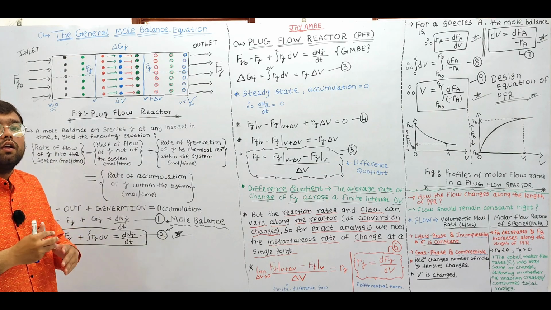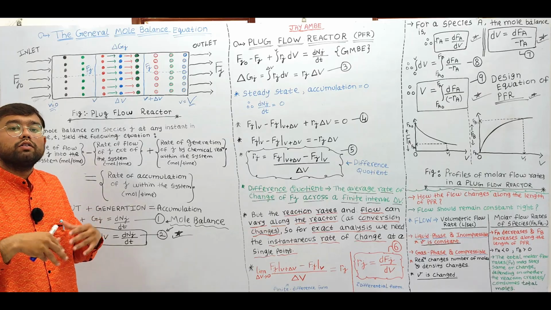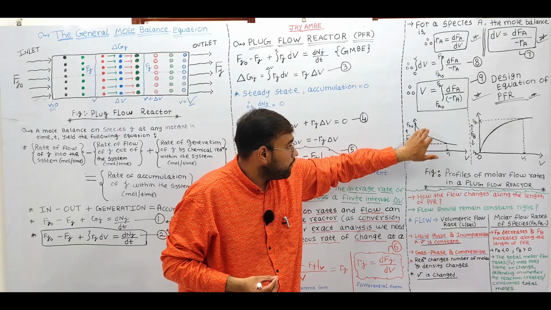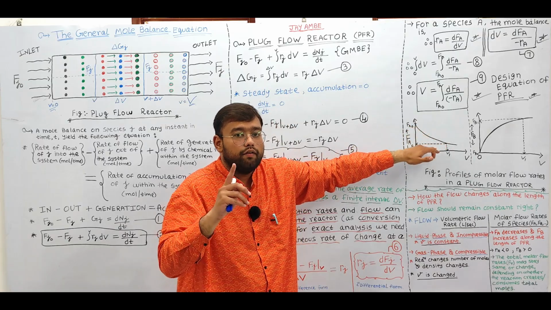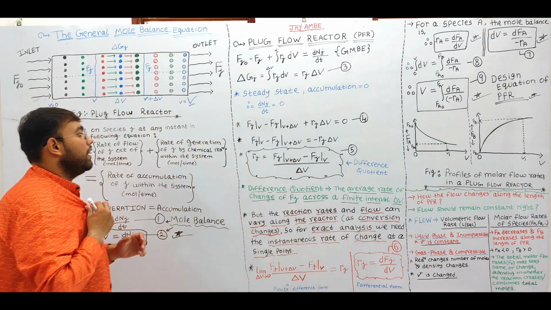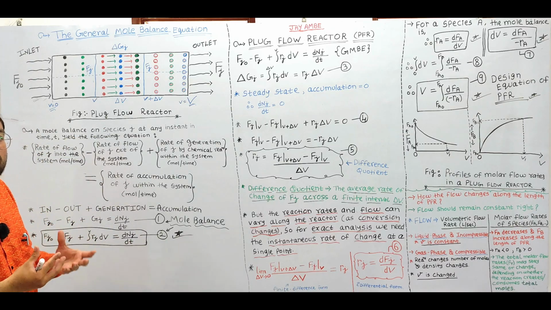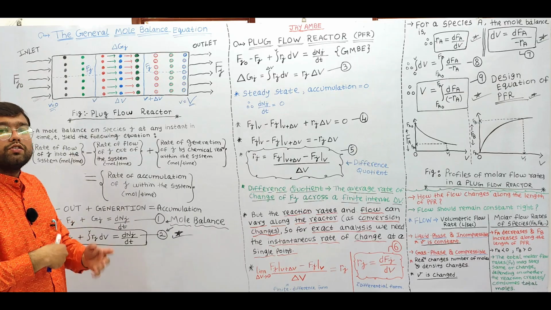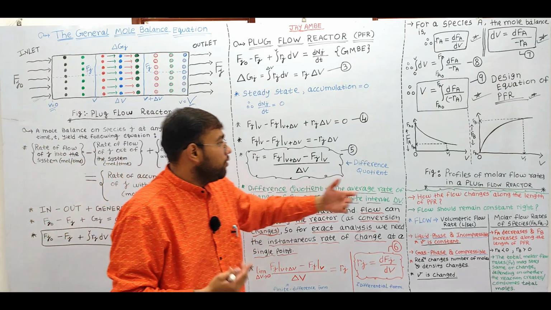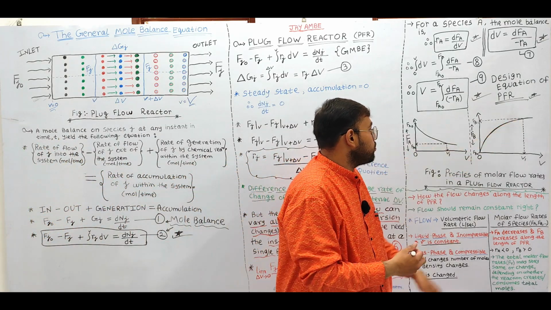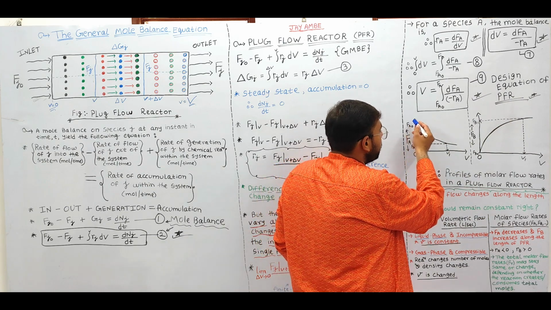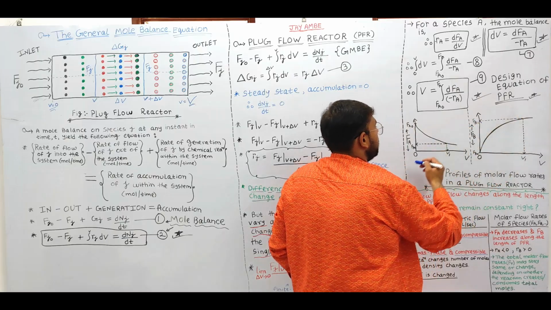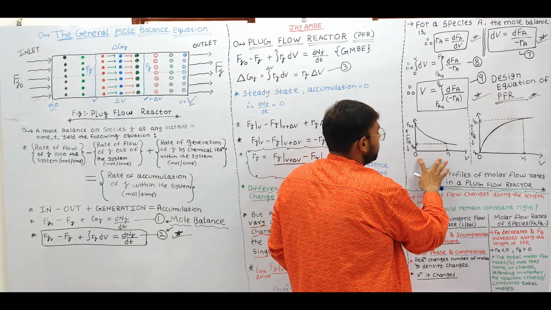The molar flow rate of reactant will drastically reduce, as the reactants are consumed drastically, and new products will be generated very fast. So as fast as the reactants get consumed, the new products will generate. I hope this is understood, right?